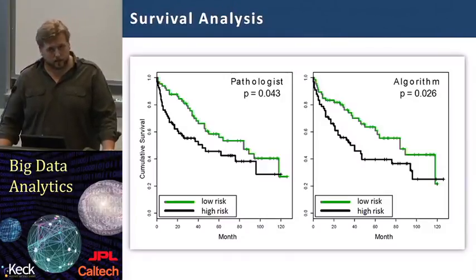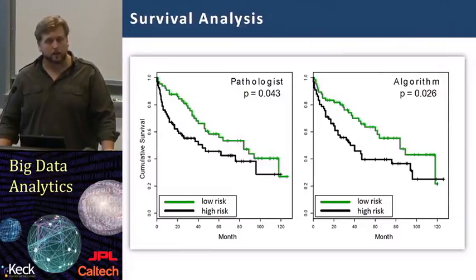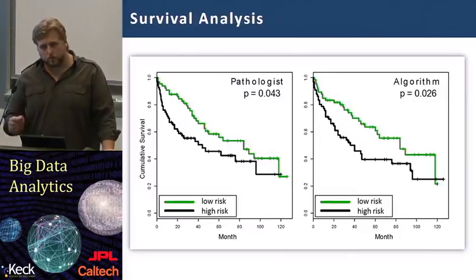The patients are split up in two groups, a low-risk group, which has not that much expression of this protein, and a high-risk group with more expression of this protein. And you can see that, for example, for the high-risk group, the probability of survival drops below 50% already after 40 months, whereas if you are in the green group, it takes 80 months. So the goal is to differentiate these groups of patients.